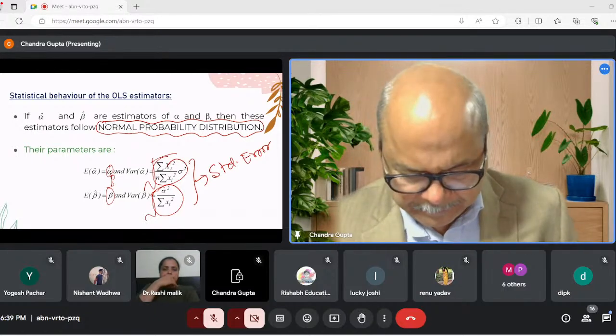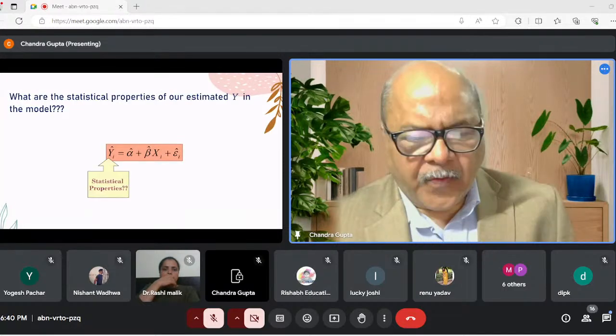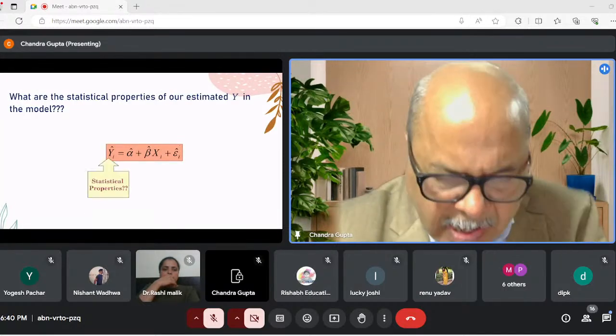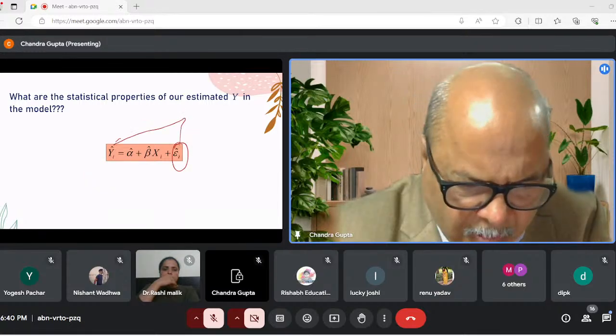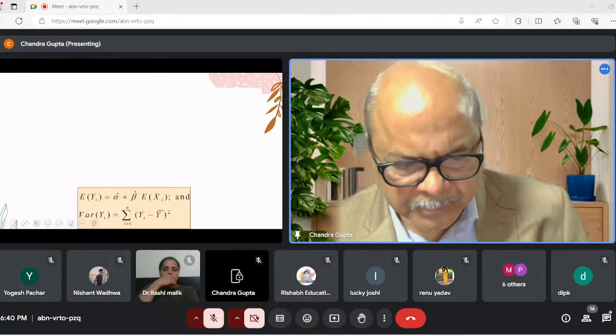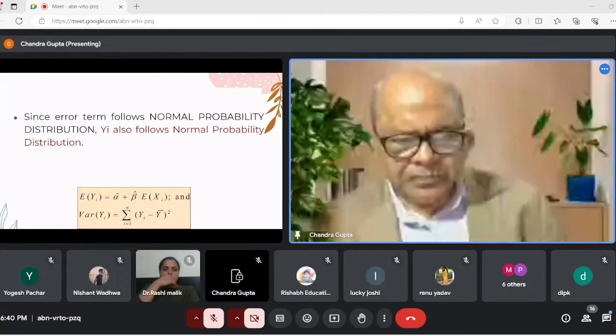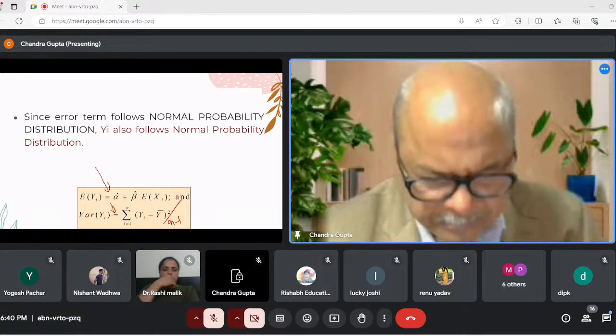Since the error term follows a normal distribution, Y will also follow a normal probability distribution, with this mean and this variance, divided by n minus.